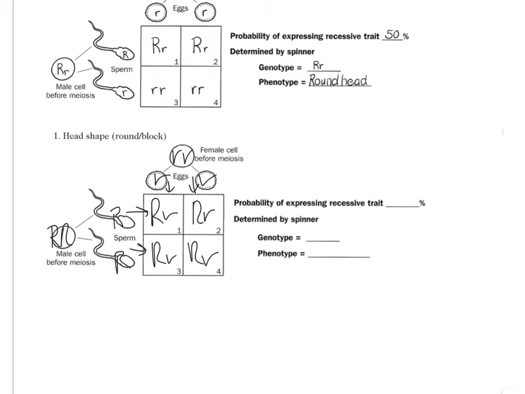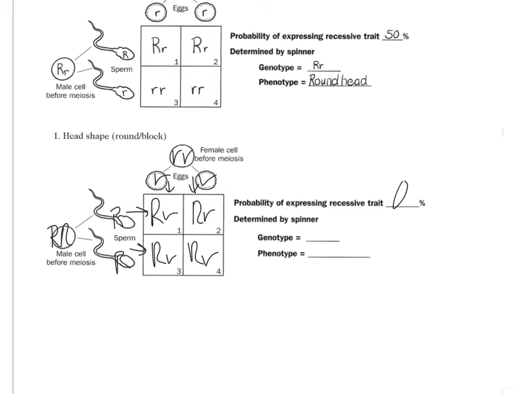Now over here on the right, they ask us what's the chance or probability that an offspring would end up recessive. And the only way to get recessive is to be like mom, which is homozygous recessive, and there's none of those, which means a 0% chance. The genotype: now I go back to the spinner, and I spin, and I look at the numbers on the inside.